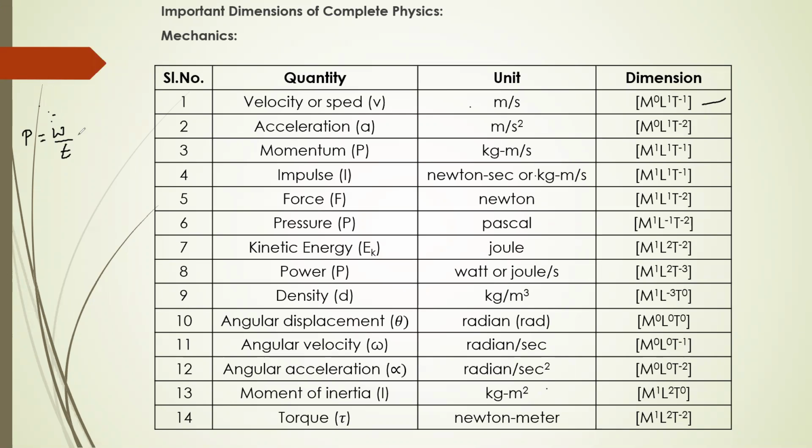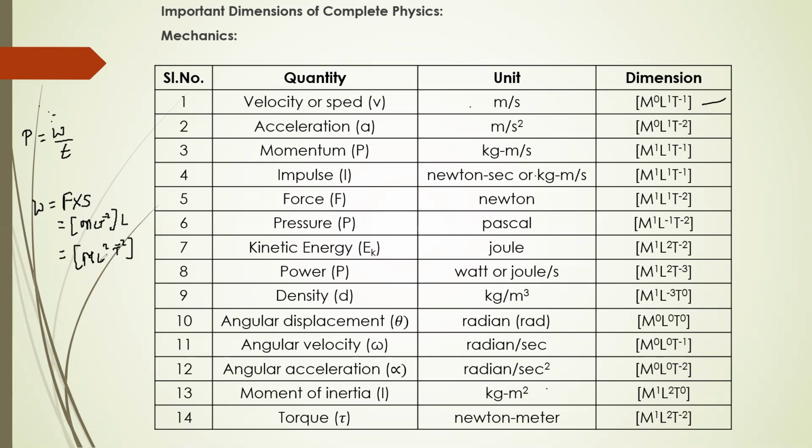So before seeing the power, we need to see the work done formula. So work done is equal to what? Force into displacement. Force is written as M L t raised to minus 2, you can see from the above table. Then into displacement, which is L again. Therefore, this can be written as M L raised to 2 t raised to minus 2. This is for work done.